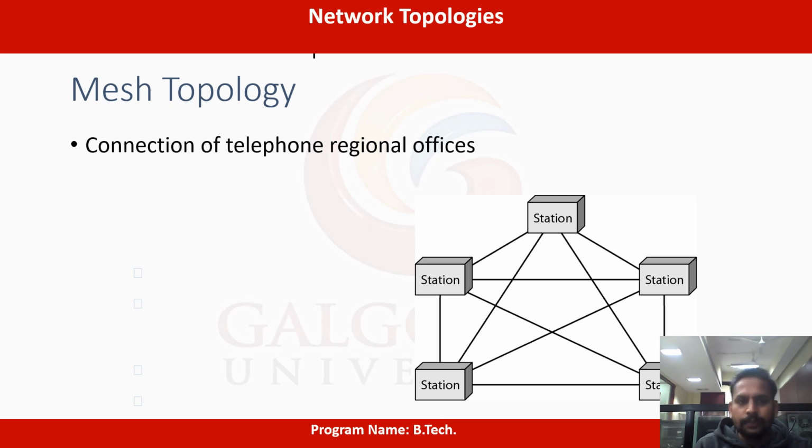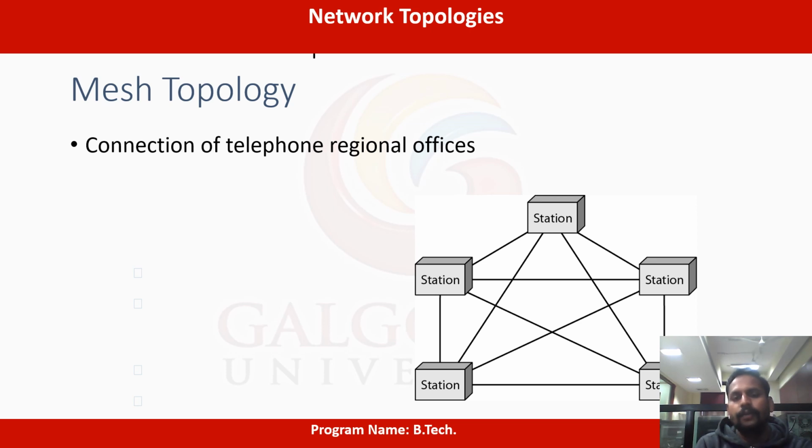That's why the mesh topology is very robust, because there will be no functional failures. The disadvantage of this mesh topology is the communication links, that means the connecting wires. Suppose we have n number of devices, then we have to create n minus 1 connections from each device.